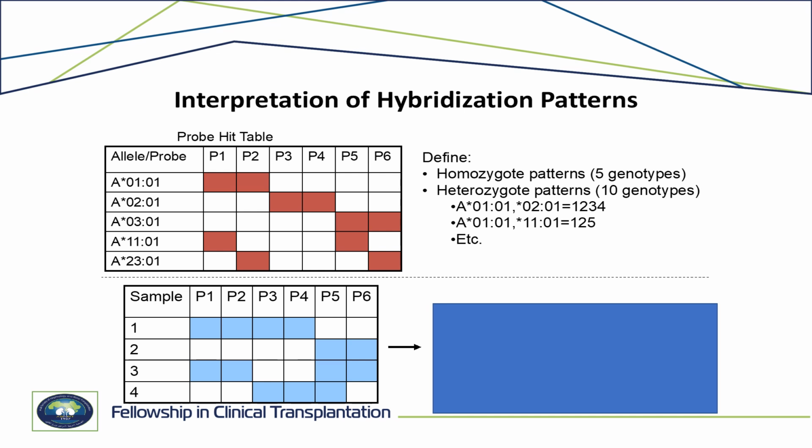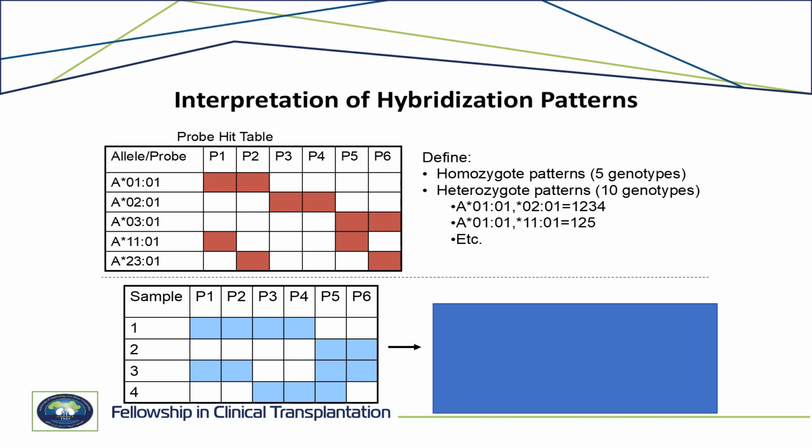So what do you think the typing would be? I think it's going to be A0101 and A0201. Why? Because probe 1 and probe 2 are positive, which is for A0101, and probe 3 and 4 are positive, which is for A0201. That's correct.